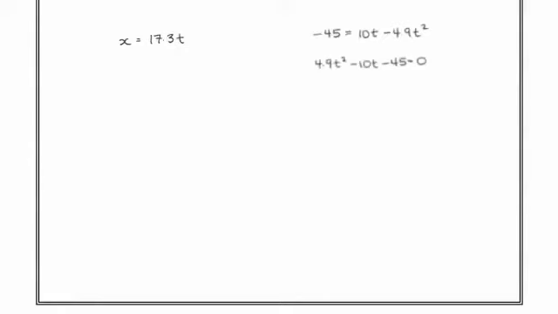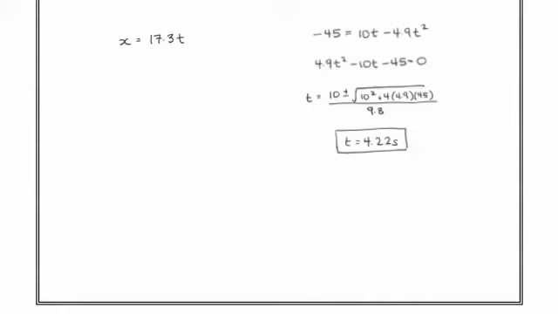We can't solve for x or for t from the equation on the left because there's too many variables. But we can solve for time from the equation on the right. So let's rearrange this. This, of course, is a quadratic equation. And we can solve this quadratic equation. And we get 2 roots. One of them is inadmissible. So we take this one, 4.22 seconds.